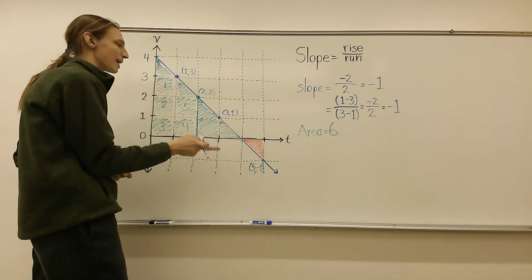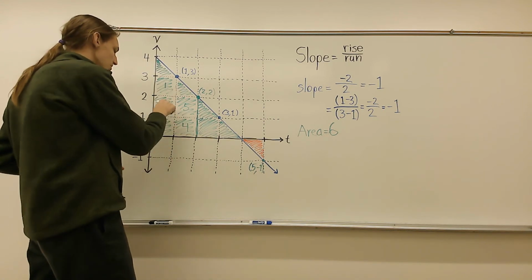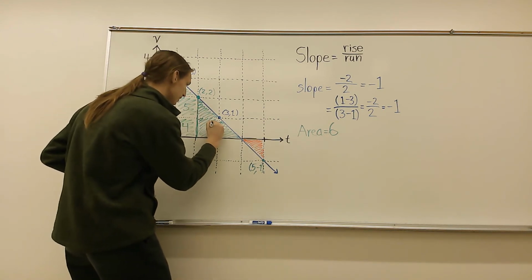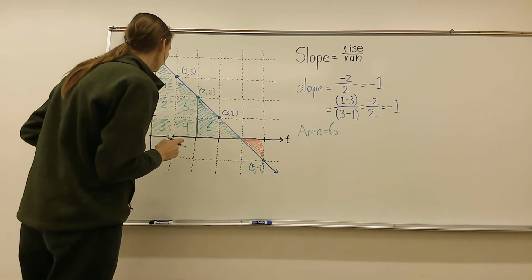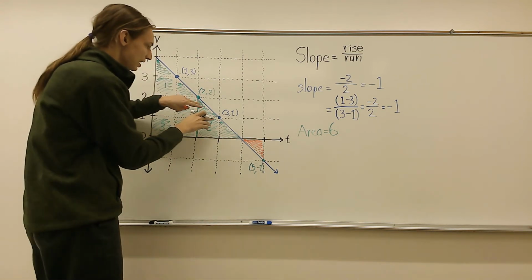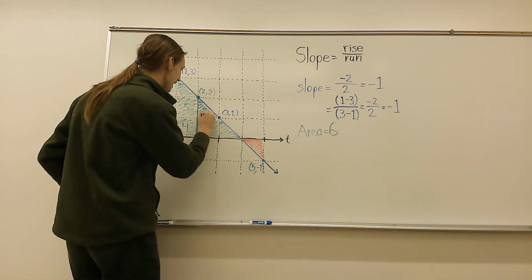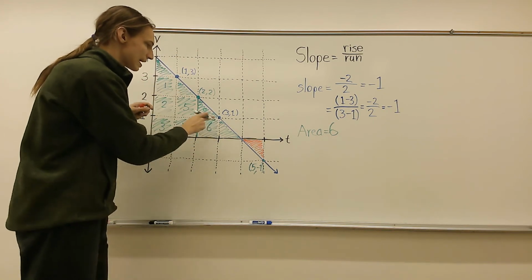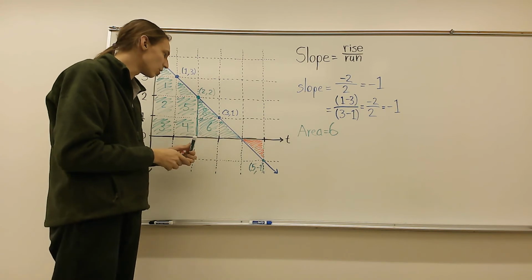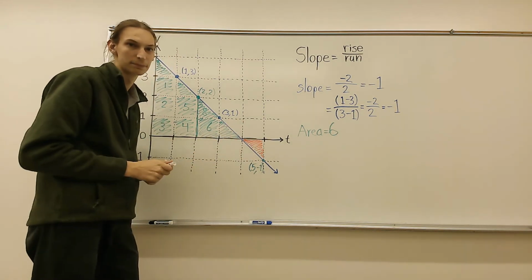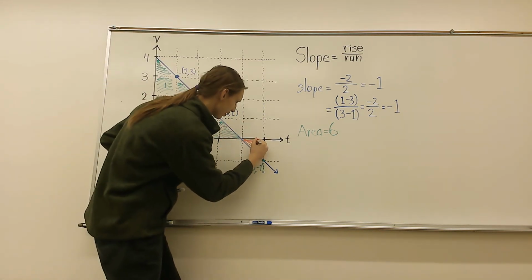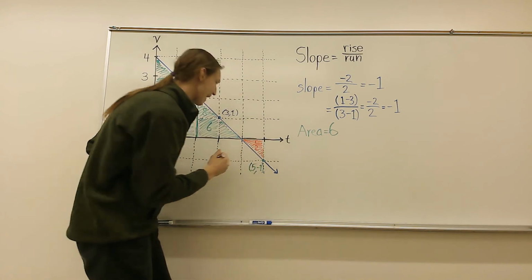So we can start off by counting our green squares. 1, 2, 3, 4, 5, 6 whole green squares, plus we have 2 triangles and 2 more triangles. So we have 7 and then 8. So the total green area is 8. But then we also have this red area here. This red area has area 1/2.